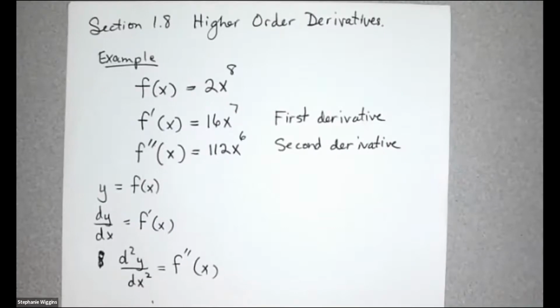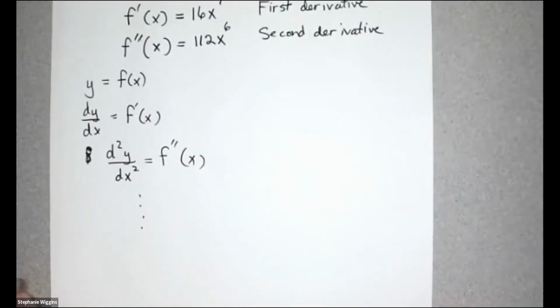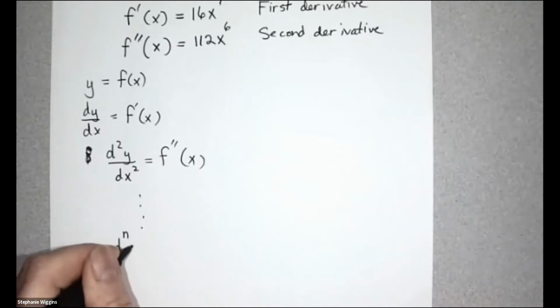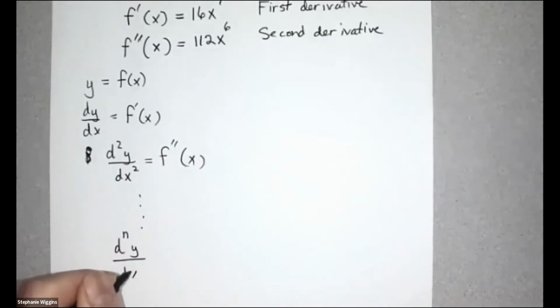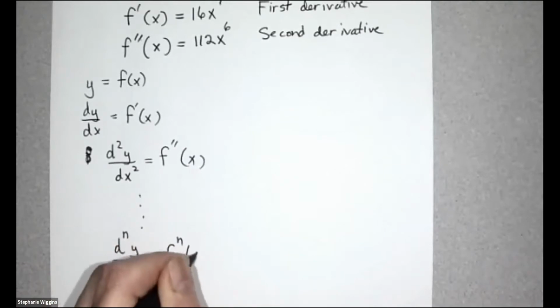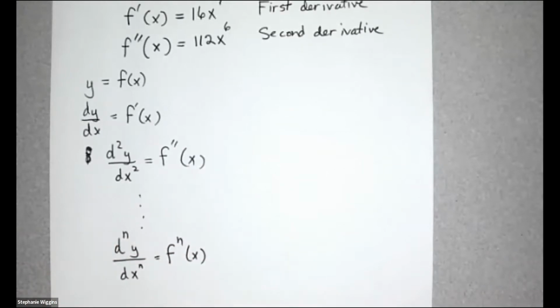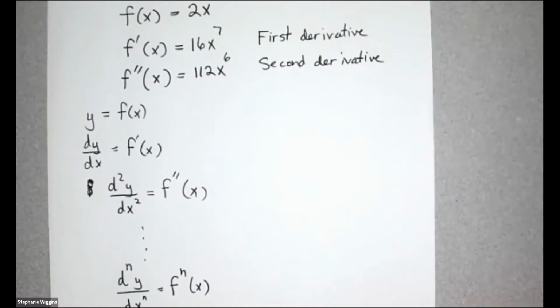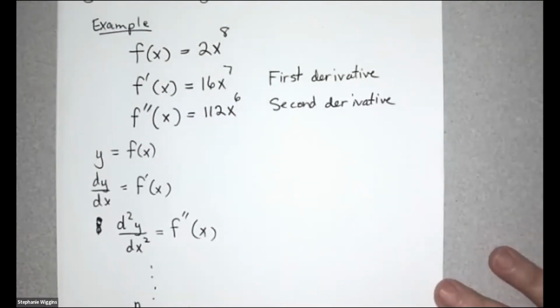And you can keep going. So d to the n of y dx to the n is just f superscript n of x. And that's what I mean by higher order derivatives. You just keep taking the derivative and you can do it as many times as you want, okay?